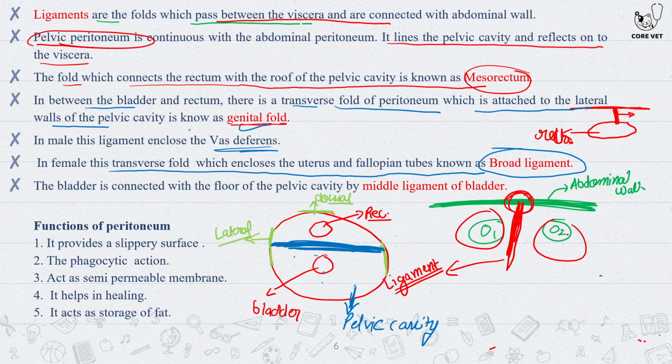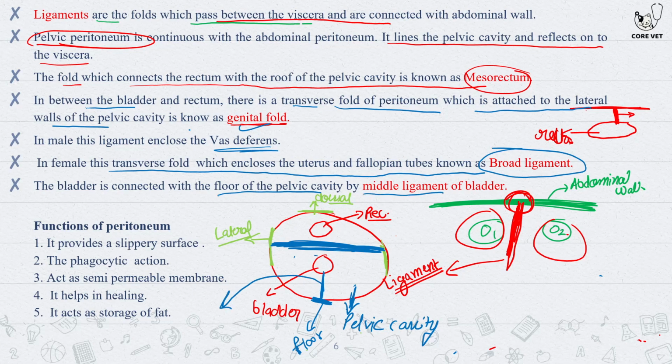So this is the bladder, and this is attached to the floor of the pelvic cavity. The fold of the peritoneum that is connecting is the middle ligament.